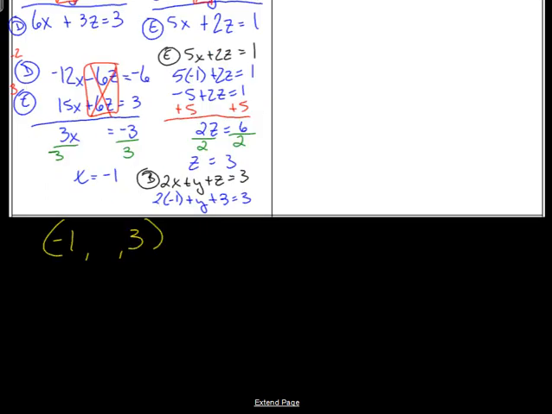With this, this gives me negative 3 plus y plus 3 is equal to 3. These two 3's cancel each other out, so I find that y is equal to 3. I now have my entire ordered triple.